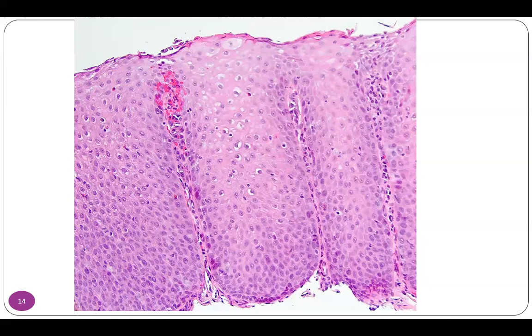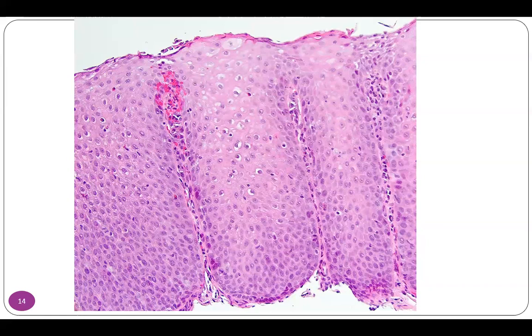But the major features are the extension of the papilla high up, congestion, and chronic as well as acute inflammatory infiltrate, mainly eosinophils. Very few lymphocytes, very few neutrophils, but the major cell we need to look for is the eosinophil.